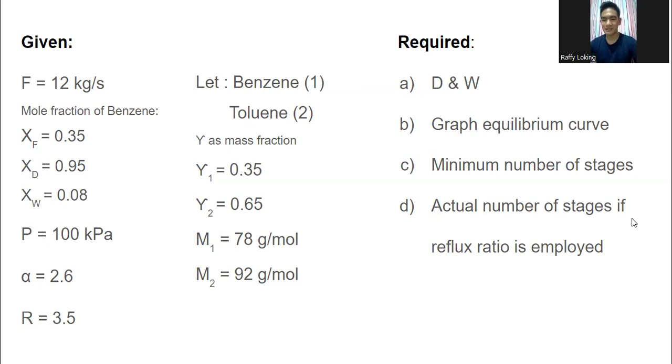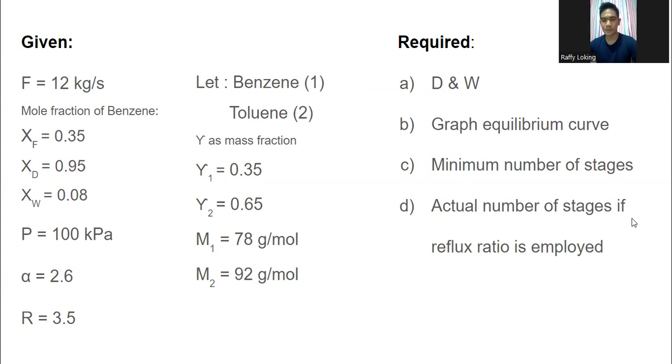The relative volatility is equal to 2.6, and the reflux ratio is 3.5. We label benzene as 1 and toluene as 2. The mass fraction of benzene is 0.35 and the mass fraction of toluene is 0.65. The molar mass of benzene is 78 grams per mole and the molar mass of toluene is 92 grams per mole.